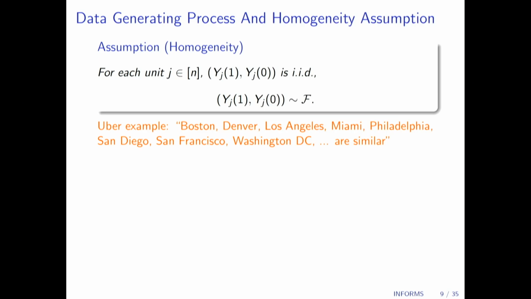Of course, in many practical applications, this homogeneity assumption may not hold true. For example, the East Coast and the West Coast have totally different populations, and the temperature and weather are totally different, so what is happening in Boston may not reflect what's going to happen in San Francisco at the counterfactual. If that's the case, this violates the second assumption, and we refer to that as treatment heterogeneity.